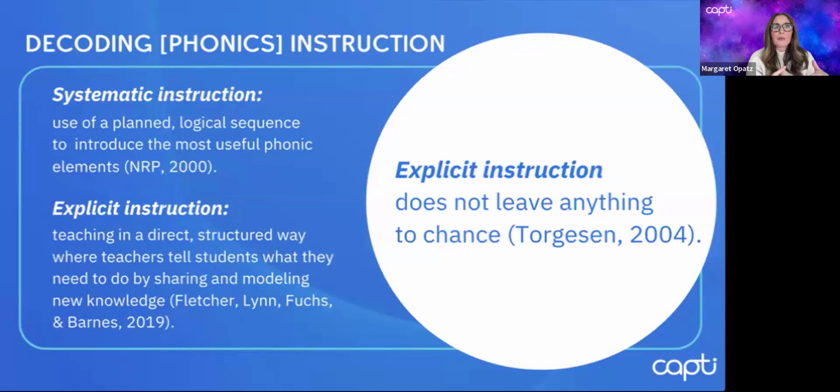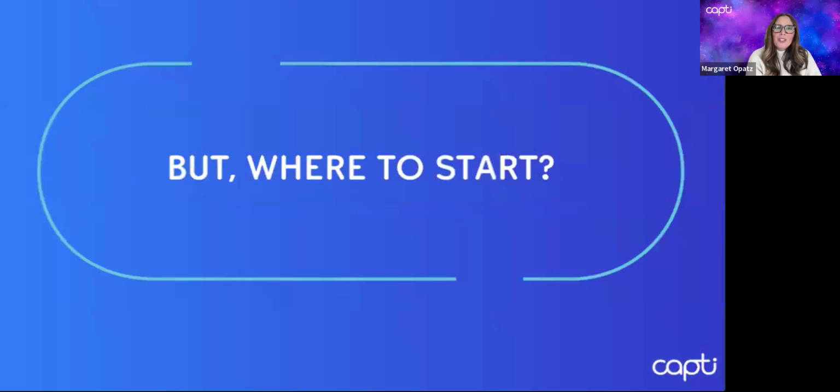We know that we can't explicitly teach all the vocabulary that students need to know. A lot of that is coming from independent reading and being able to take the meaning off of the page to comprehend new words.